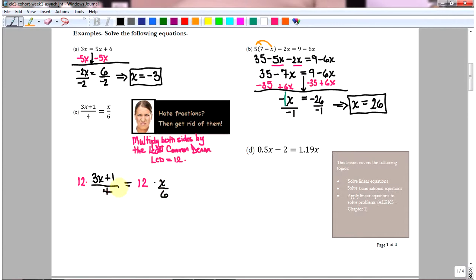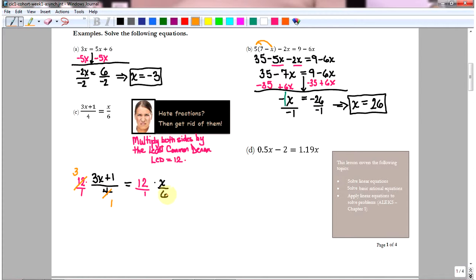If we look at the left side, remember 12 is really over 1, so it's in our numerator. We can cancel out that 4 with the 12. 4 can go into 12 3 times. 4 can go into 4 once. So we're left with a 3 in the top.